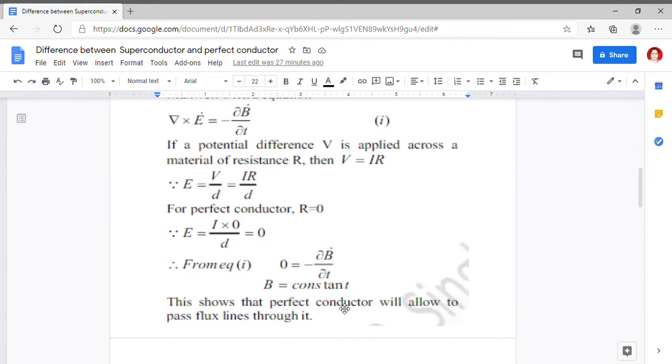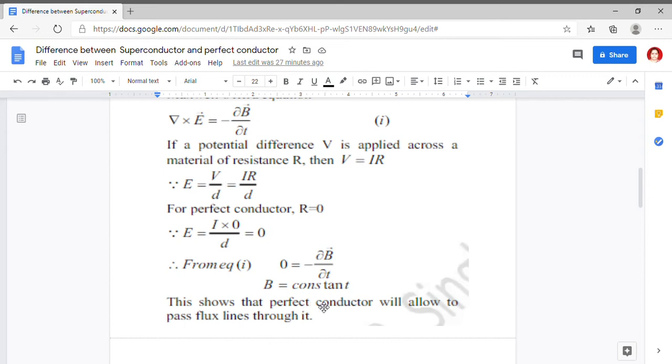Integrating this expression, I get B to be constant. This shows that in a perfect conductor, there will be magnetic field when it is placed in the magnetic field. So, flux lines are able to penetrate inside the perfect conductor.